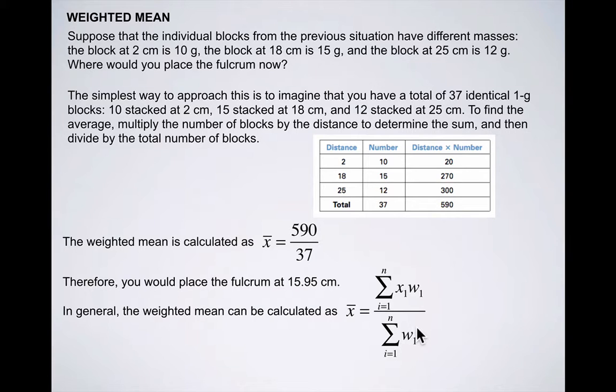And we'll give you an example here just to hopefully give you a little bit better idea. So this is basically the sum of the values times the weight divided by the sum of the weights, which is equal to our mean for when we have weighted data.